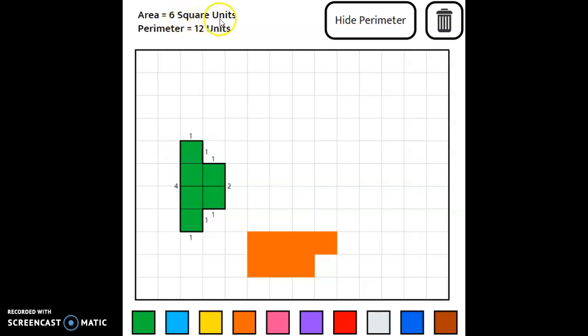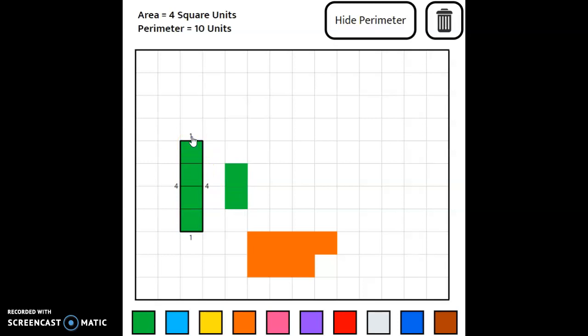This one has 6 square units, so you can see 1, 2, 3, 4, 5, 6. You may have learned in 3rd grade that you can multiply length times width, but as a 4th grader, you're going to start to see that sometimes you can't just do length times width. Now, what I could do is I could take the area of this one and I could separate the pieces together.